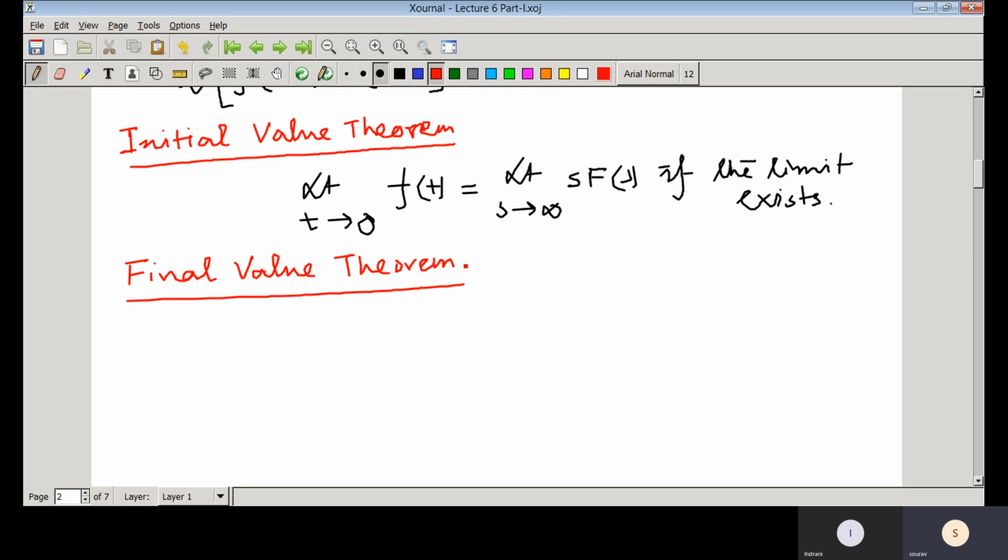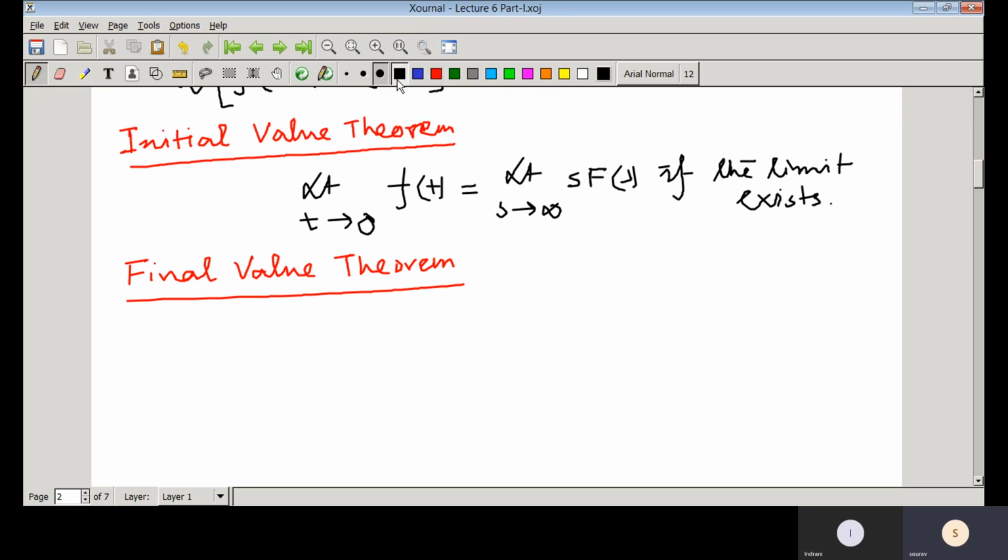But you cannot apply this final value theorem everywhere. The final value theorem can be applied if the function s times F(s) is analytic on the imaginary axis and in the right half of the S plane. So that is very important. If a function is given to you and you blindly apply the final value theorem, you will get a result, but that result is not correct.